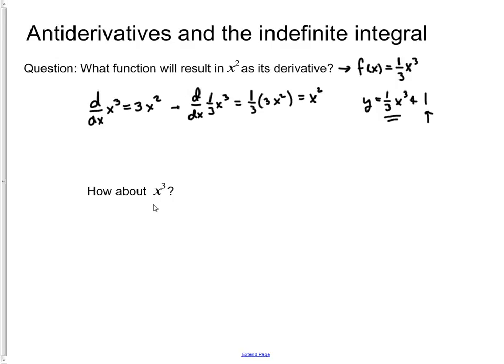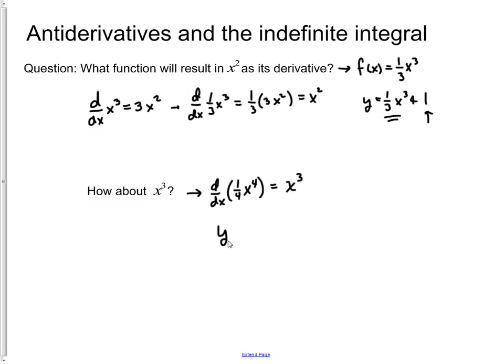Now, if we ask a similar question about x cubed, a moment's reflection like the one above would reveal that maybe we should be taking the derivative of a function like 1/4 times x to the 4th, because that derivative would result in 1/4 of 4x cubed, and sure enough, we would get x cubed as the derivative.